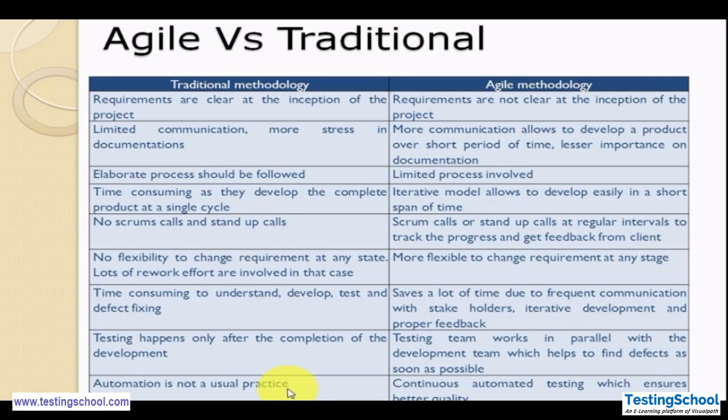In the traditional model, it was not available. Here in the agile model, we have continuous automated testing which ensures better quality. So in agile, you can automate your requirement in parallel while the development team is developing the software.